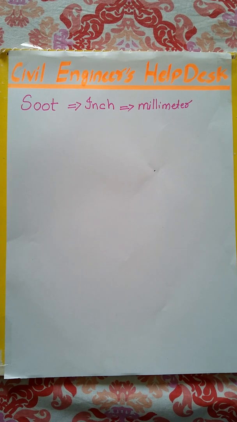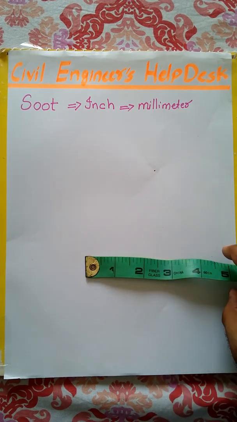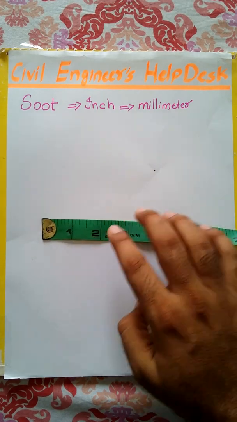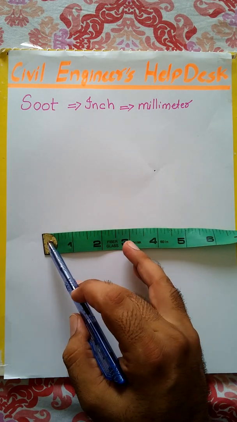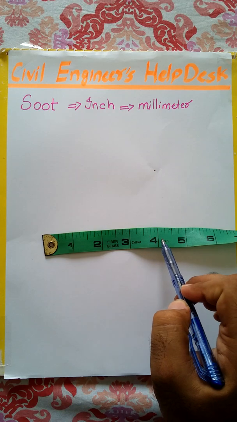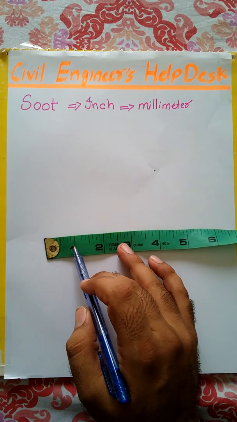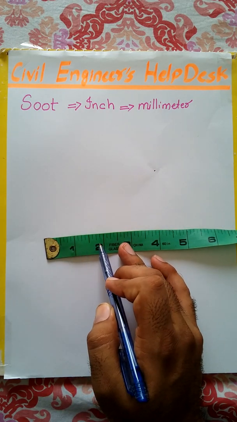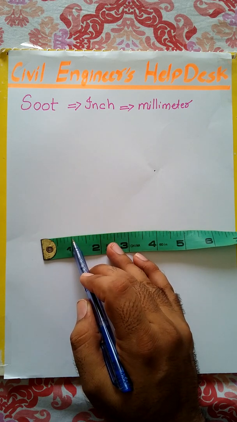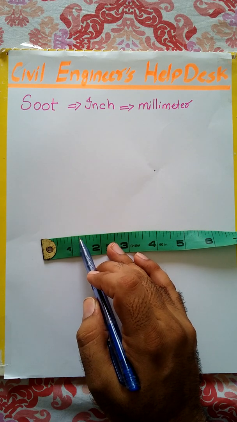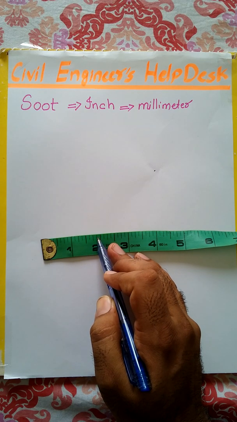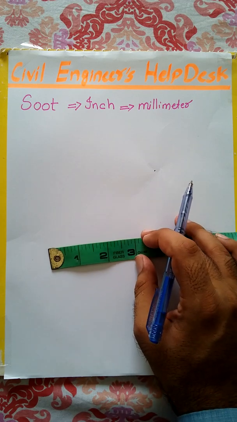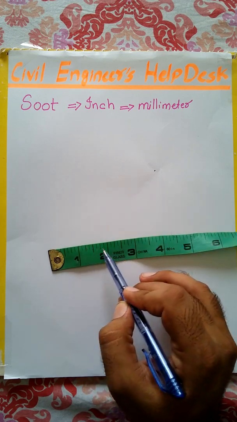First of all, I will show you a measuring tape so you can understand what Sooth is. This is a measuring tape in my hand, and this is an inch: 1 inch, 2 inch, 3 inch, 4 inch. If you count the subdivisions in one inch, 1, 2, 3, 4, 5, 6, 7, 8, there are 8 divisions in an inch.